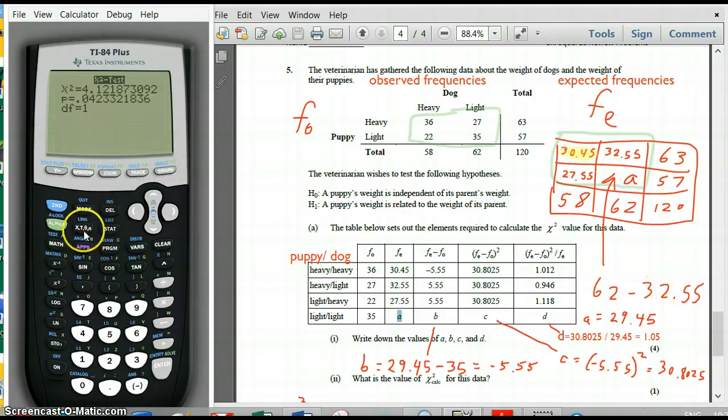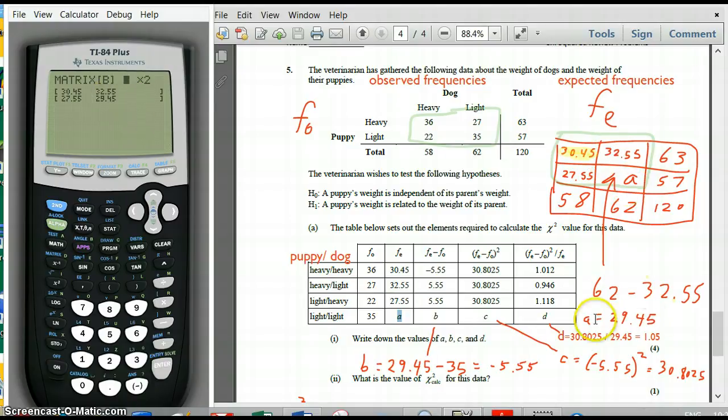So now I'm going to look at the value that I filled in here for B, because in B I have the expected frequencies, and you can see the 3 values they gave us are correct: 30.45, 27.55, 32.55. The only one they didn't give us is 29.45.